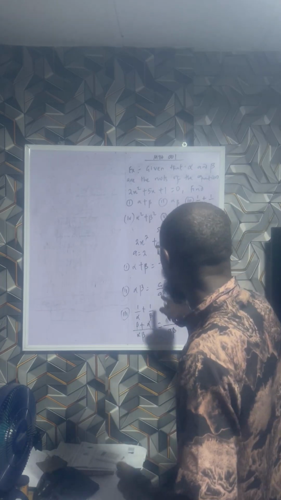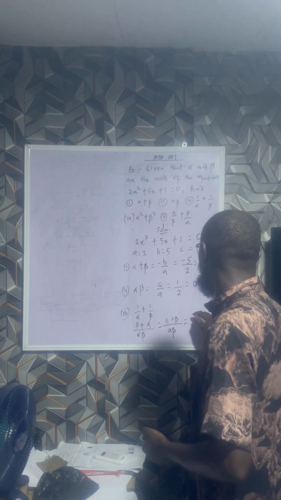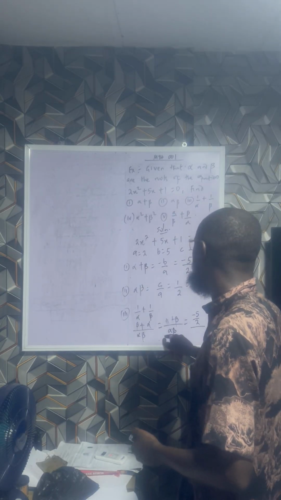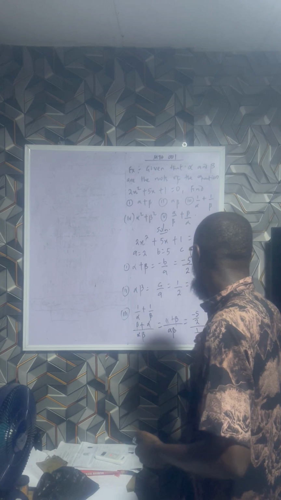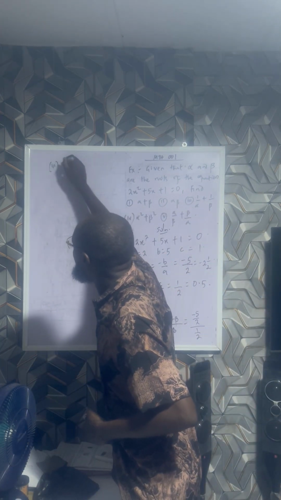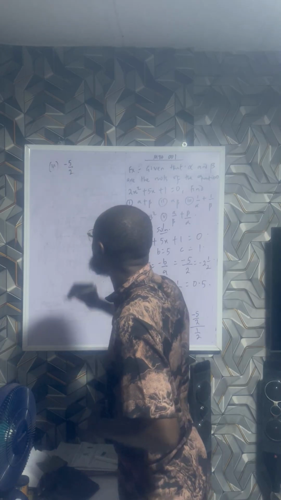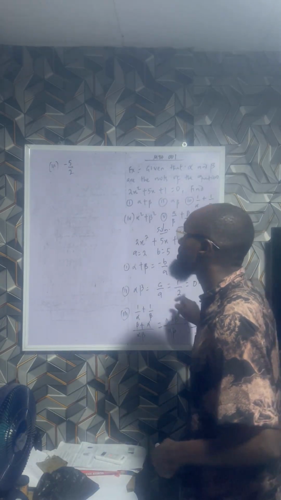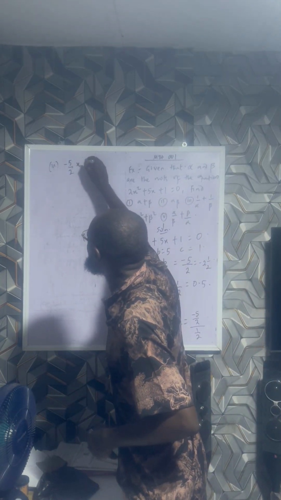In that case, my alpha plus beta is minus 5 over 2 divided by my alpha beta, 1 over 2. Once you divide that, we have minus 5 over 2. Since it is division, turn it to multiplication, multiply by 2 over 1.